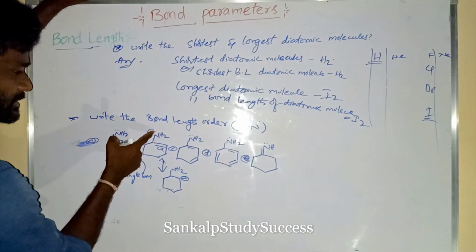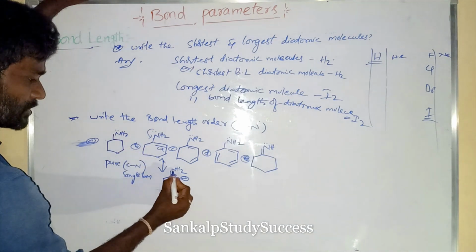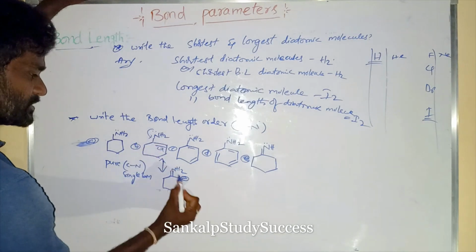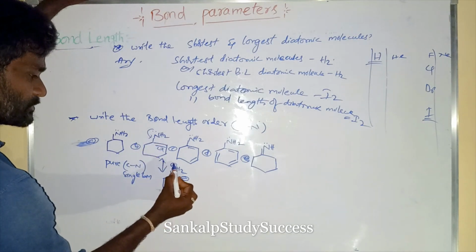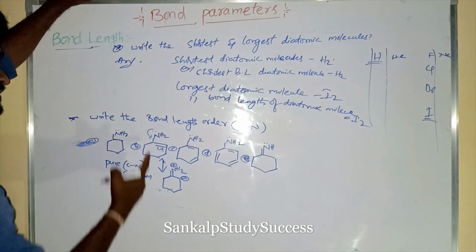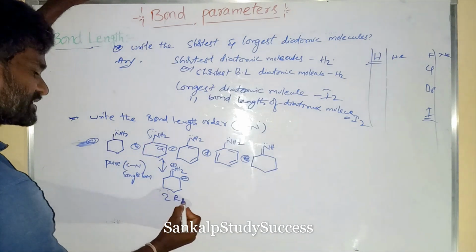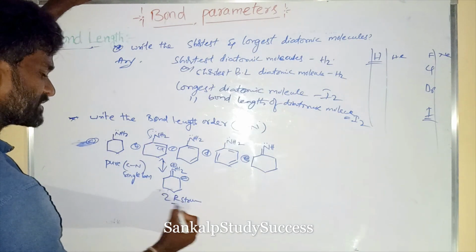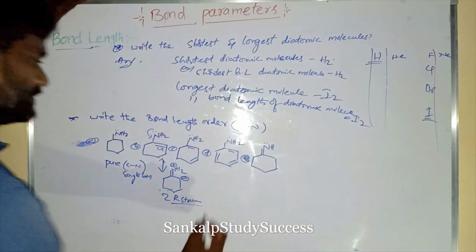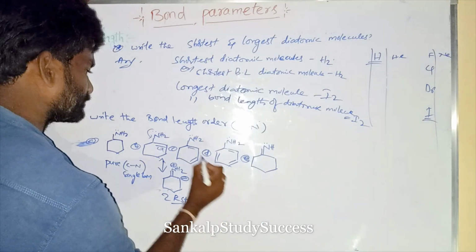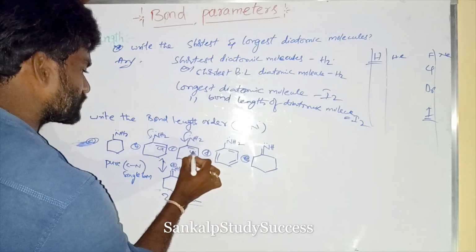This lone pair can form a pi bond with the plus, so it can lose its lone pair and form a positive charge. So this has two resonance structures.